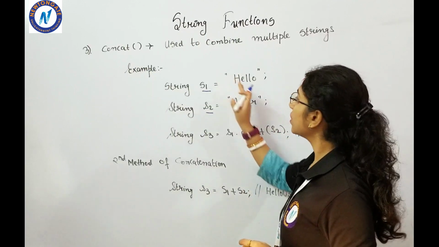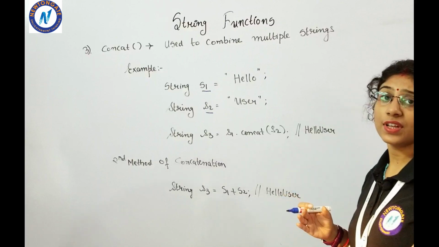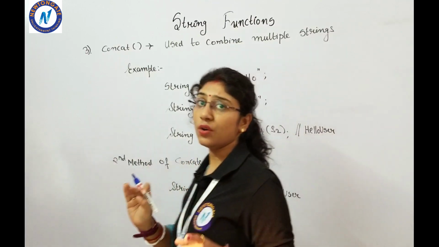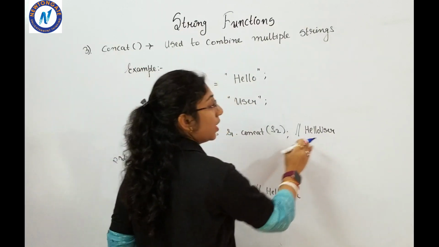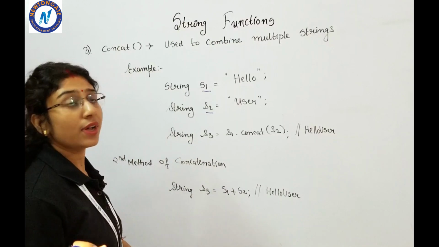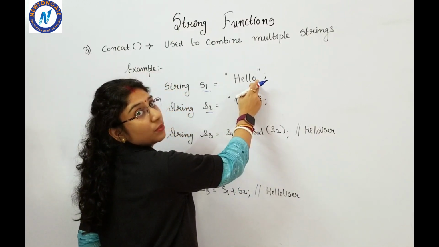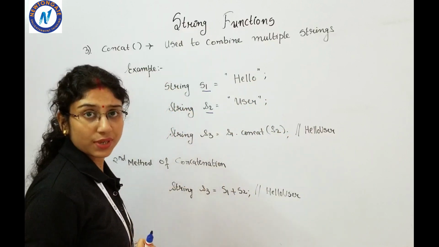So these two strings will be merged together. As I have not provided any extra space between these two, the output will come as hello user, but there will be no space between hello and user. But if you need space between hello and user, simply put one space after writing hello.